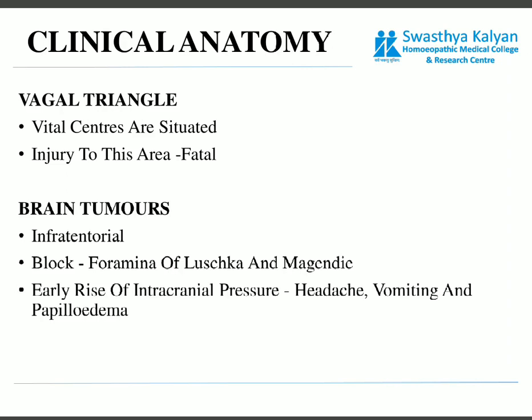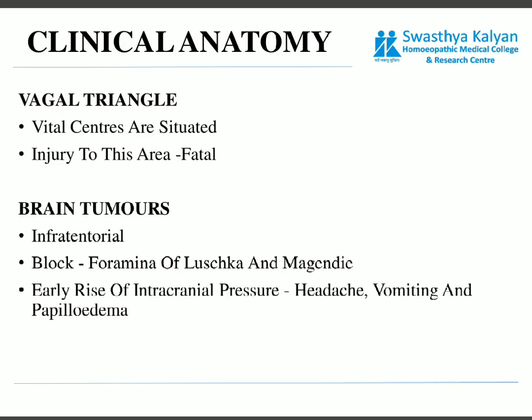Another clinical condition is the presence of brain tumors in the infratentorial region, that is below the tentorium cerebelli. These tumors can block the foramen of Luschka and the Magendie, and because these foramens communicate the ventricular cavity with the subarachnoid space, they maintain a static balance of intracranial pressure.